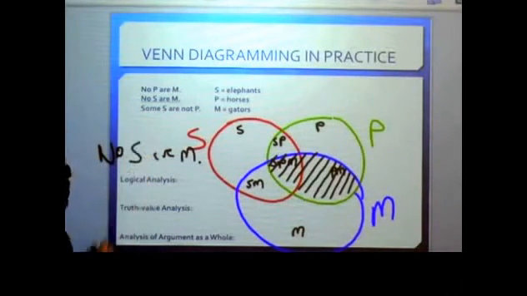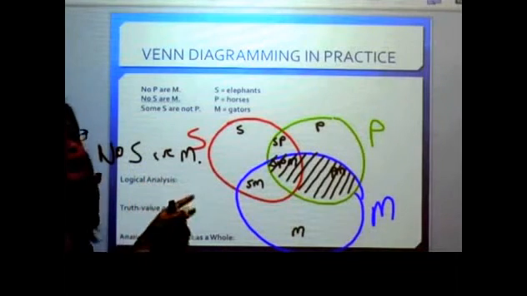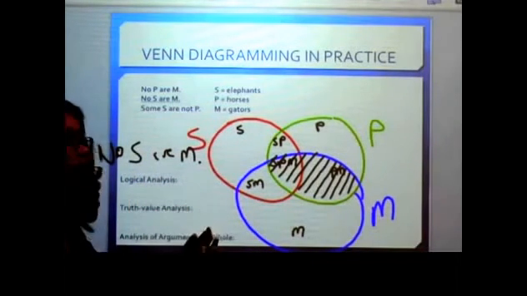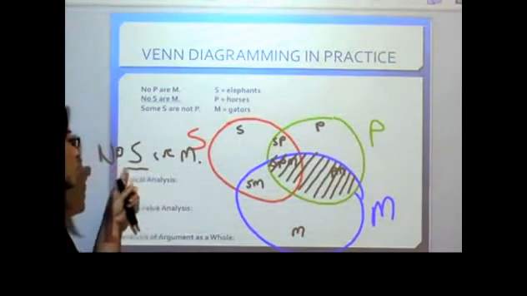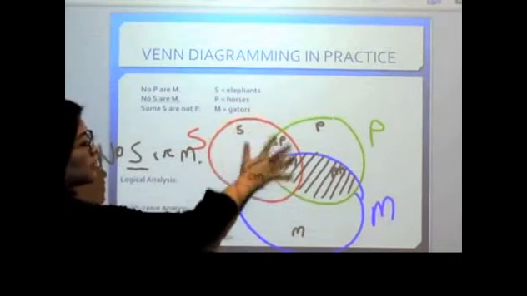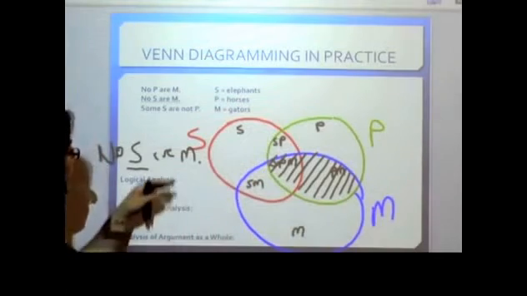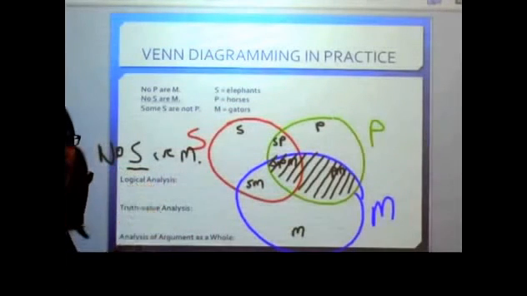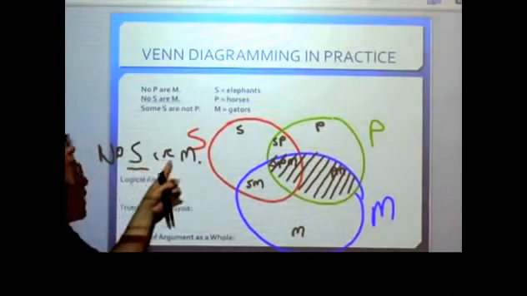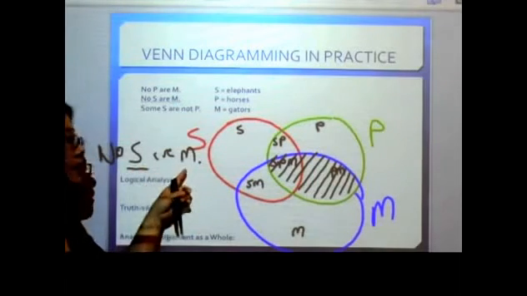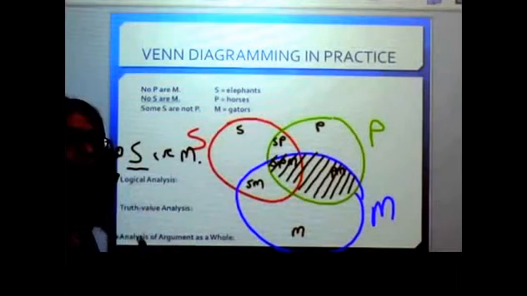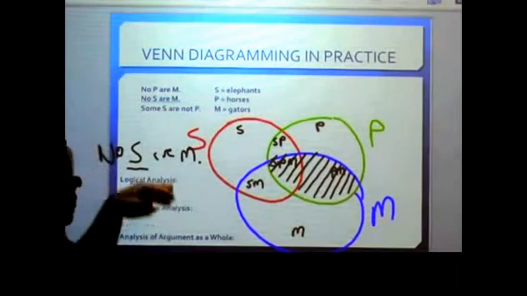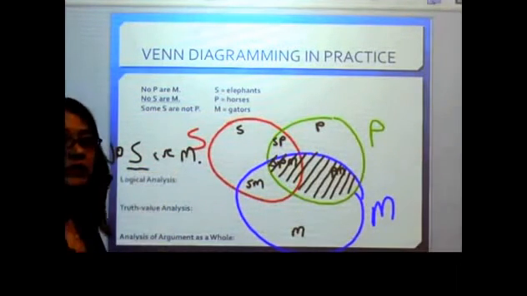no S are M. And now we want to do all our work in the area of the subject circle for this statement, which is the S, so in this circle here. And this states that there are no things that are S's and M's, since no S's are M's. So we want to shade all those things that are both S's and M's, because according to the statement, those things don't exist.